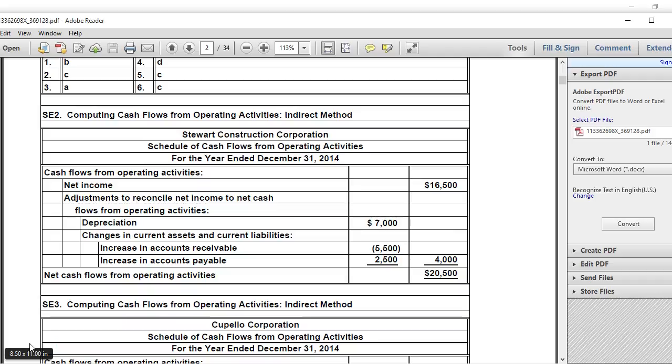When our net income has increased as a result of more sales on credit, we have a greater net income, but we didn't get the money for it yet. So to adjust our net income to cash, we'd have to reduce those sales as a result of accounts receivable.